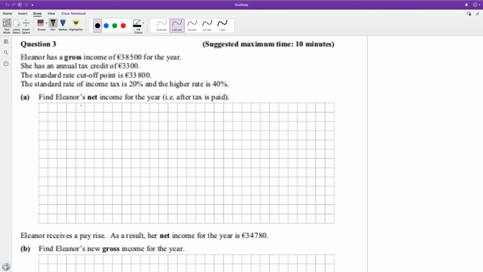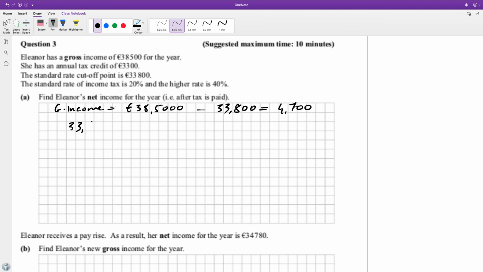Is that okay? So, gross income of 38,500 minus our standard rate cutoff point of 33,800 is a leftover of 4,700.